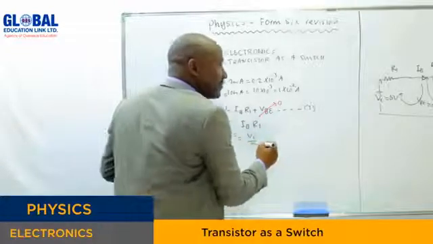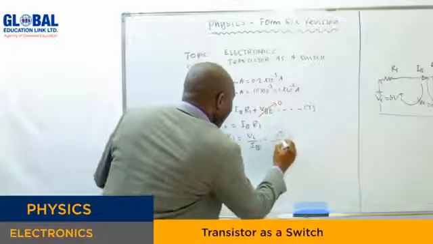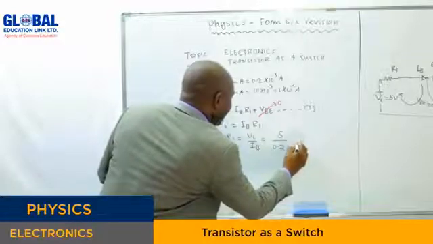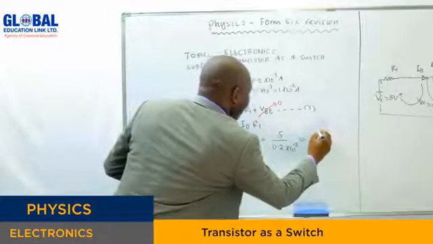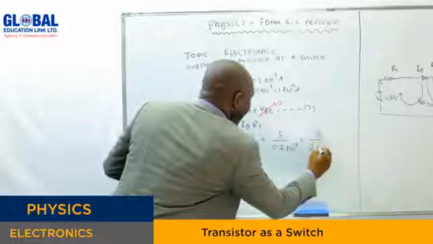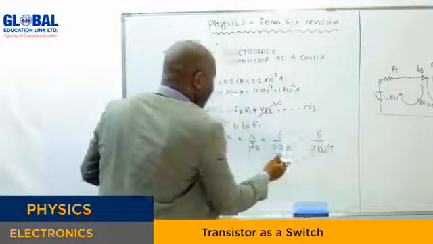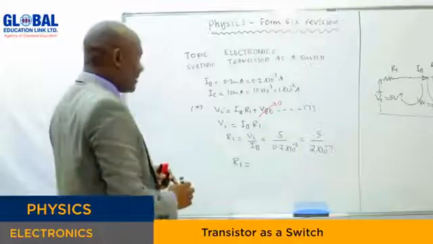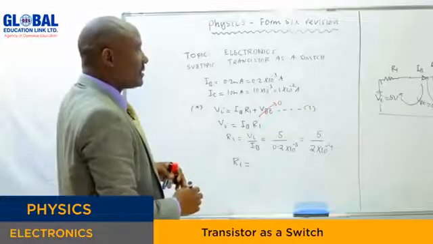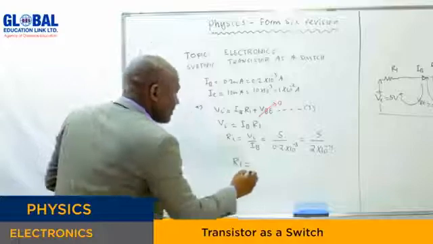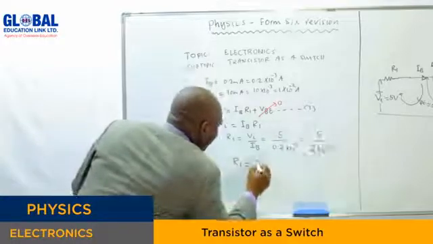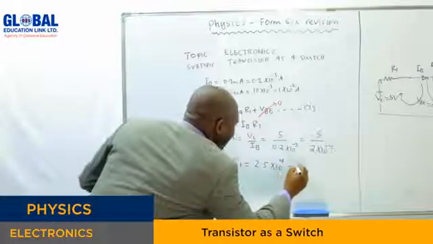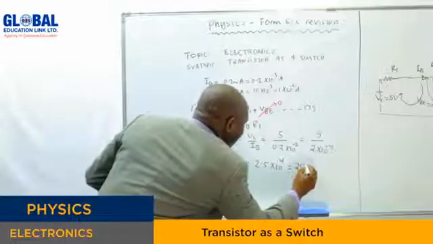So our input voltage is 5 divided by the base current, 0.2 times 10 to the negative 3, which is the same as 5 over 2 times 10 to the negative 4. So R1, the resistance across the input, is 5 divided by 2, 2.5, times 10 to the power 4, which gives us 2500.